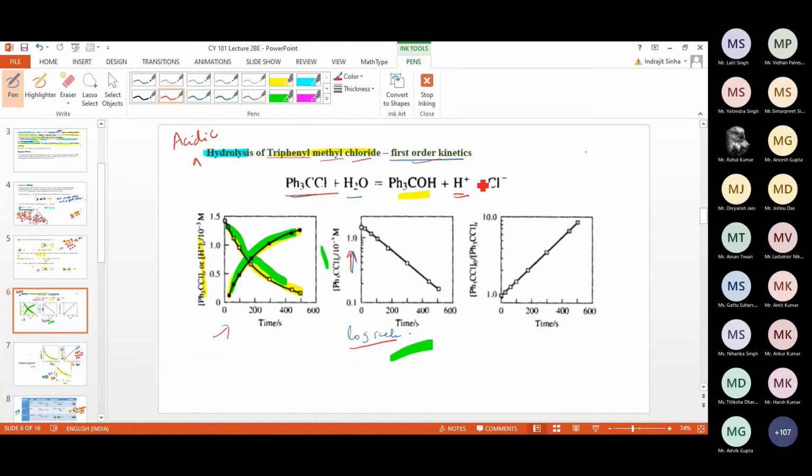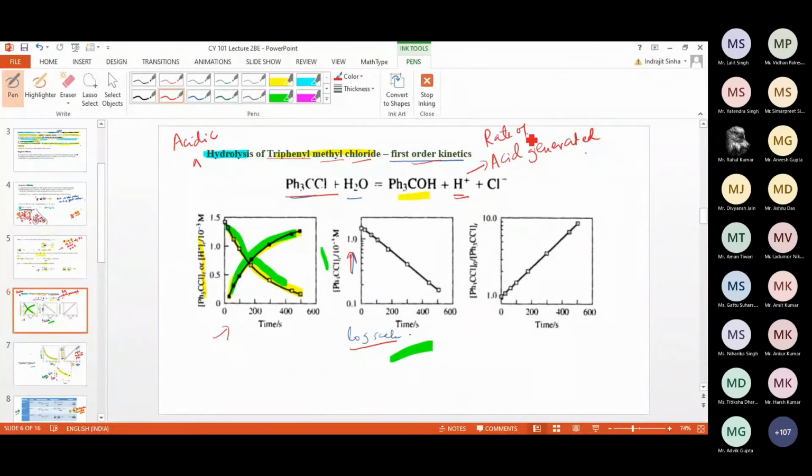So if you can measure the acid generated, rather the rate of acid generation, then you can use it to plot the kinetics. Okay.